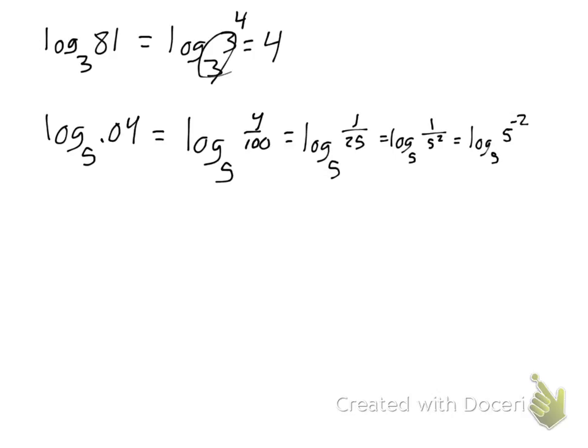And the whole reason I did this was to get the 5's to be the same. So now the answer is negative 2. If you put 5 to the negative 2 power on your calculator, you will get 0.04. So the answer is negative 2.